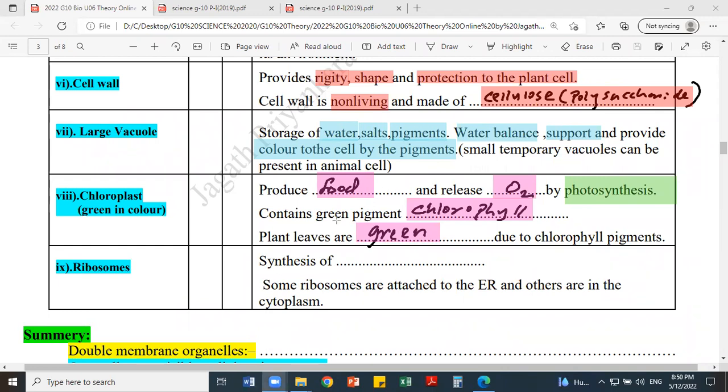The ribosomes. Ribosomes are found in 2 locations: freely in the cytoplasm or attached to ER. If you want to write it, ribosomes are found freely in the cytoplasm or attached to ER, which means endoplasmic reticulum.